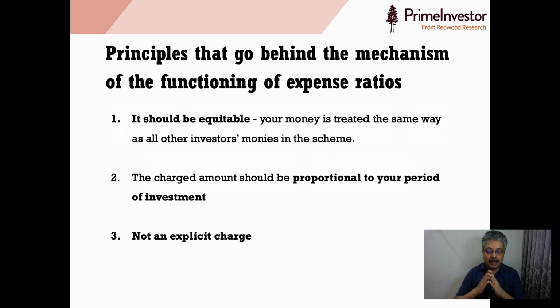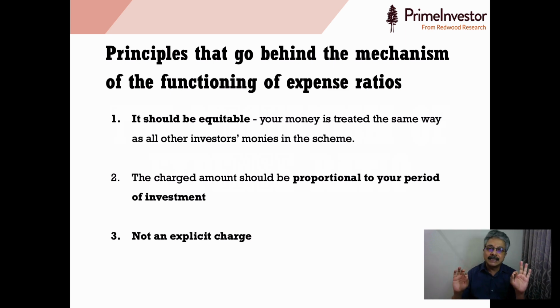Now, when mutual funds were conceived and when expense ratios were thought of, the guiding principles behind the mechanism were, first, it should be equitable. If there are 1,000 investors in a mutual fund scheme, all of them should pay the same expense ratio. This is a very important principle.